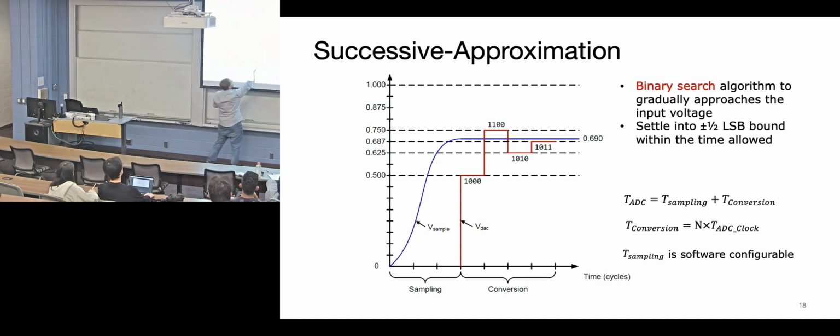At this time frame, the analog value is higher than this, and how are we making that decision, whether it's higher or lower? Comparator, exactly, we're using this comparator, and then you say, okay, it's higher. Well, then I'm going to jump up in the binary search. I'm going to increment this binary value that represents that analog voltage by 1 binary place, go up to there at 110. We find that that's higher, okay, then we're going to go lower, then higher, and we're going to try and converge on some particular value. Okay?